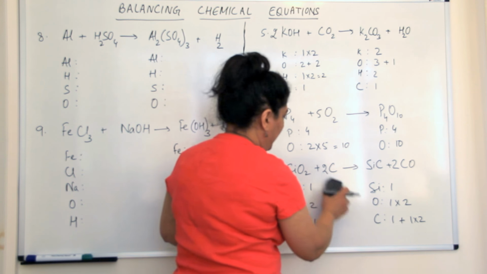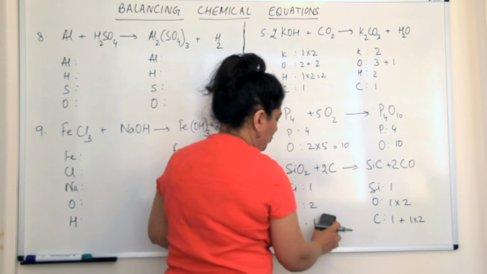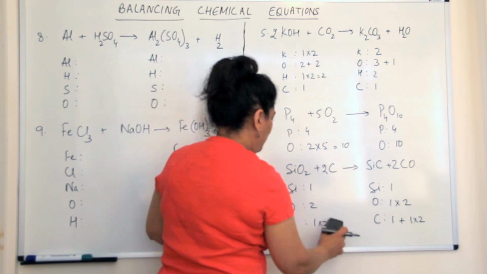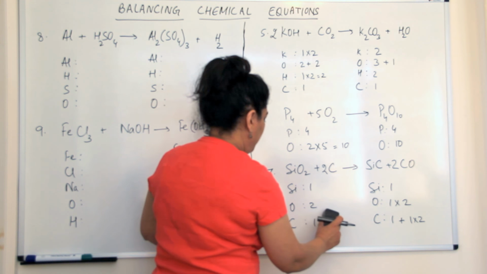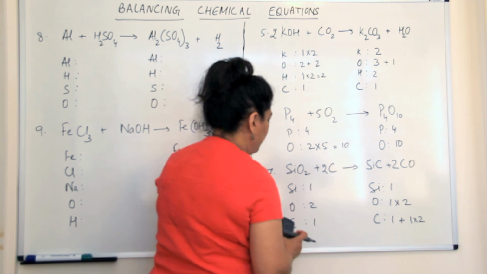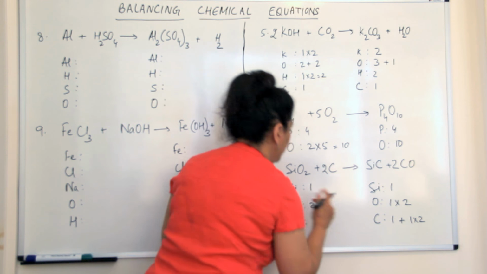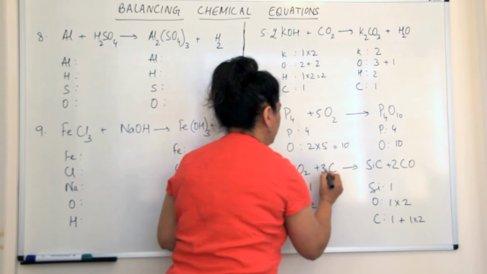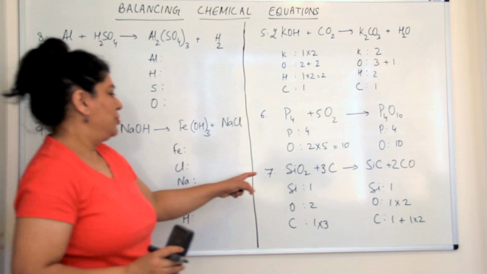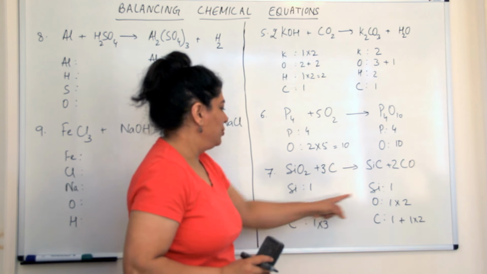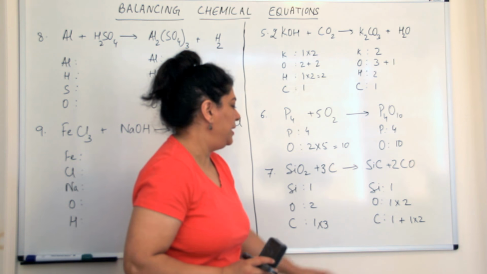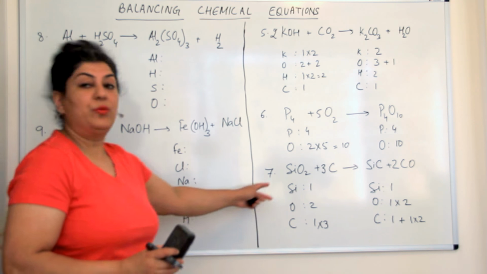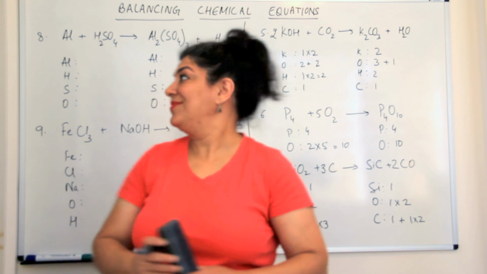So if I multiply the carbon by 3 instead of 2, here I get my answer. Do you see this? So it's 1 silicon, 2 oxygens, and 2 plus 1, 3 carbons. Yeah, the equation is balanced.